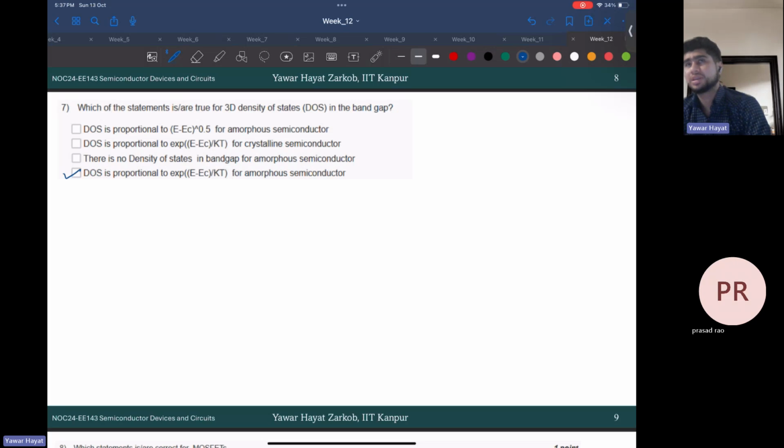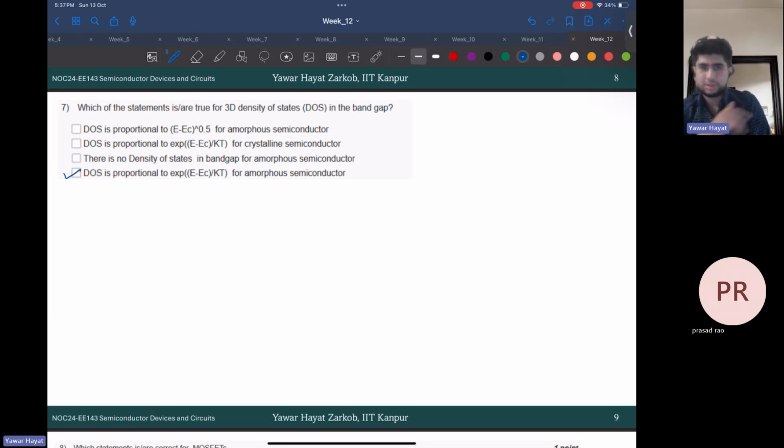The second one is the double exponential density of states. In double exponential density of states, there is one term corresponding to your deep trap states and one term corresponding to your tail trap energy states. And then there is a third model available in literature, which is Gaussian density of states.